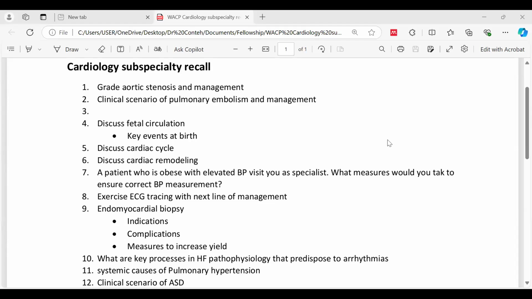So when this happens, there is activation of the renin-angiotensin-aldosterone system, where angiotensinogen is converted to angiotensin 1 by the renin, and angiotensin 1 is converted to angiotensin 2 by angiotensin converting enzyme. This angiotensin 2 that is produced has basically two effects.